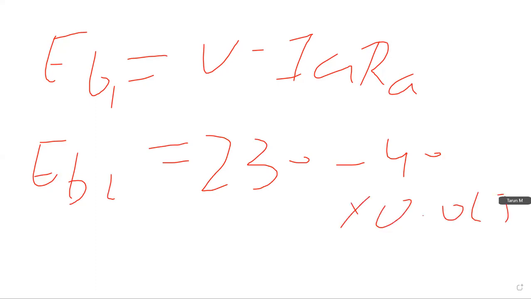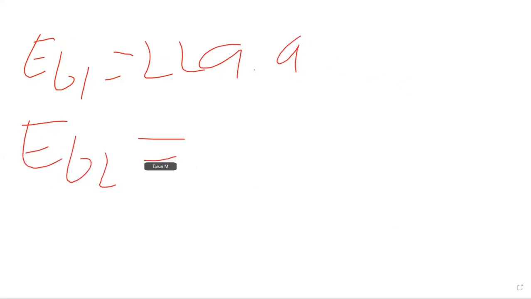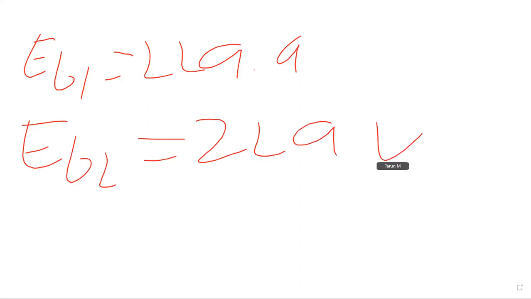So by using this formula, we can calculate EB1 and EB2, one at no load and the other at load. EB1 will be equal to 229.9 volts and EB2 equal to 229 volts. This much is clear, guys?